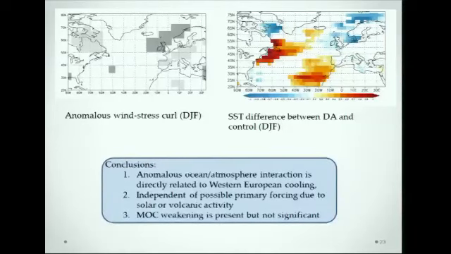All right, so their conclusions are the following. This anomalous ocean-atmosphere interaction is directly related to the Western European cooling, so you can see that. If you don't assimilate this data into the model, you don't see the cooling. If you do, you see the cooling. It's independent of the possible primary forcing. They did not change the radiative forcing at all.